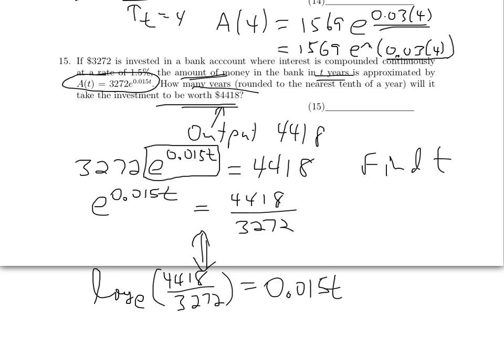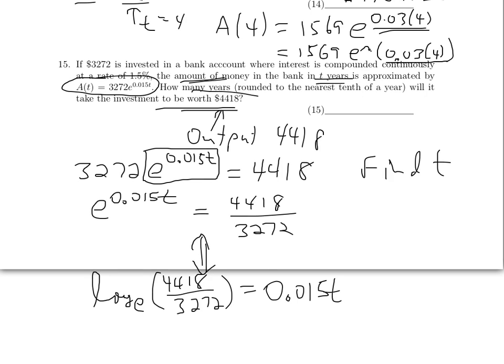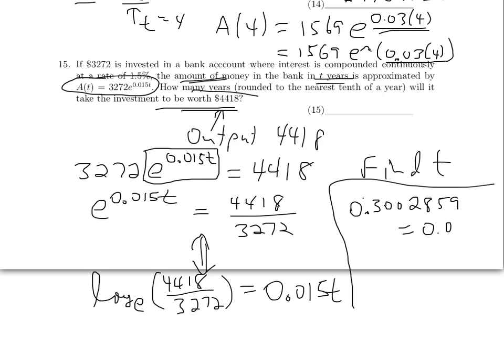And I get, let me just draw this so I can work over here. 0.3002859, looks like, giving myself plenty of decimal places, is equal to 0.015t.